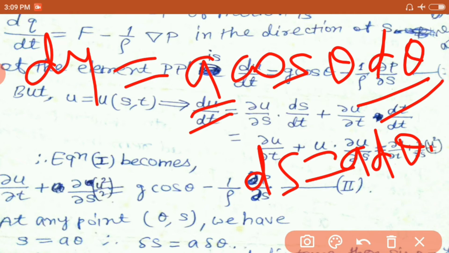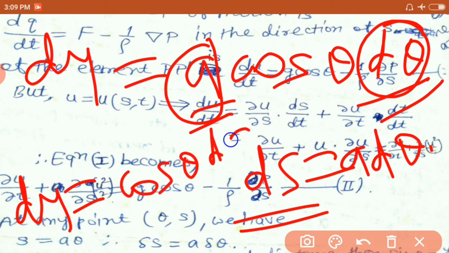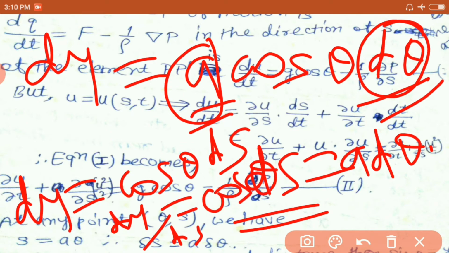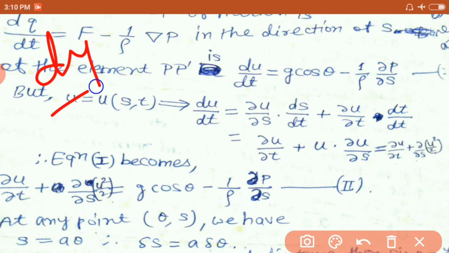So in place of a d theta, we have ds. So dy is equal to cos theta ds. So this can be written as dy by ds is equal to cos theta.